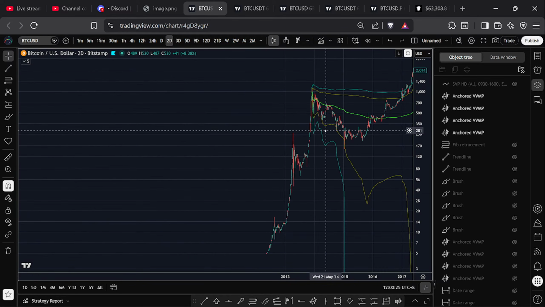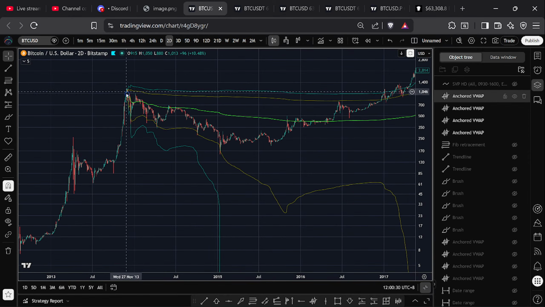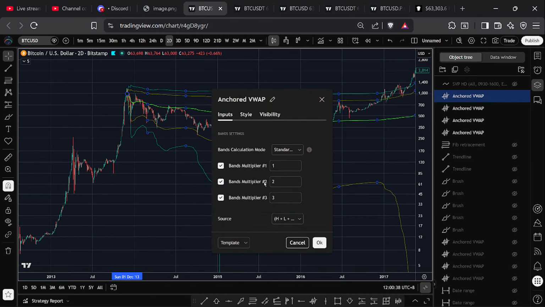What we have here is a very interesting anchored VWAP that we take from the top. But we use the settings on the anchored VWAP, so you can do it yourself: you tick this box and have these numbers in there, okay?